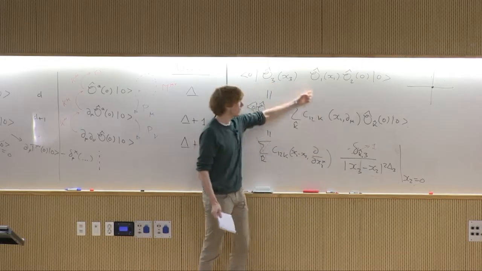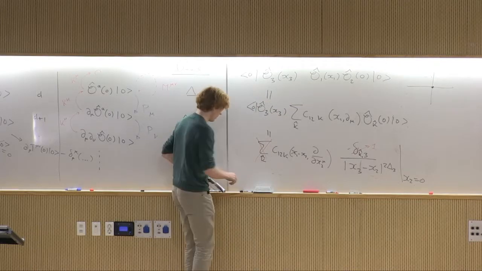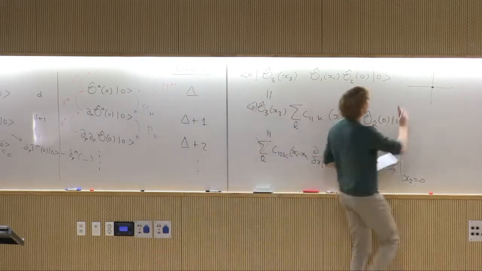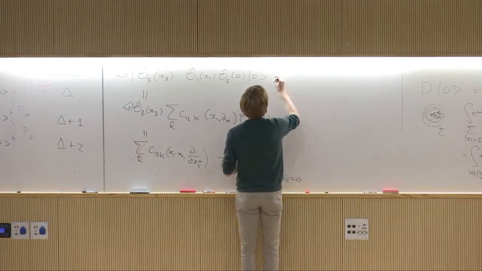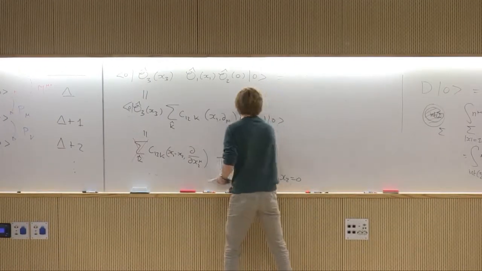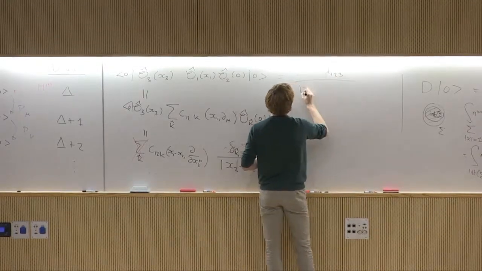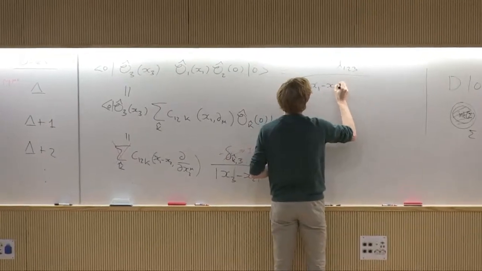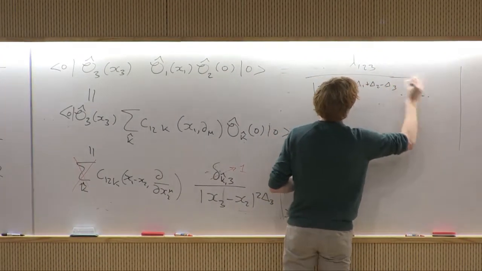And I get the constraint that this had better equal the three-point function, because that's what I've just derived. But the three-point function I know, because the three-point function was completely fixed up to a single number by conformal invariance. It's lambda 1, 2, 3, and then you have x1 minus x2 to the delta 1 plus delta 2 minus delta 3, and two other terms.